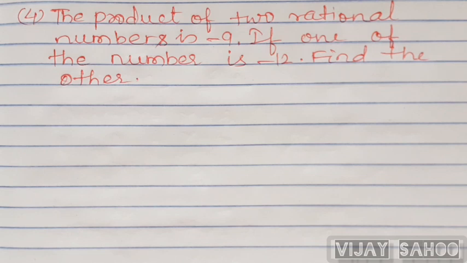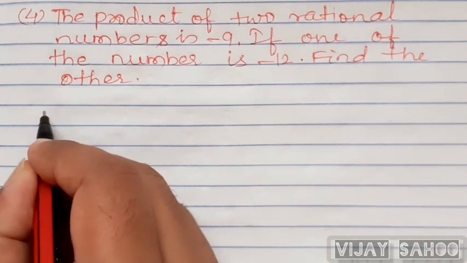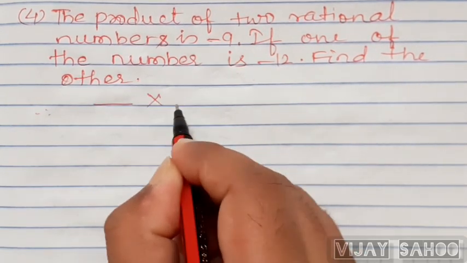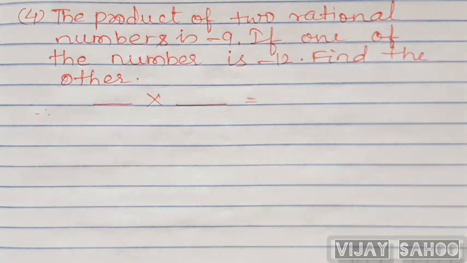What is given here? The product of two rational numbers is minus 9. If one of the numbers is minus 12, then find the other. So we'll try to relate it. According to the statement, product of two numbers. You can do this roughly, so that you can easily identify.